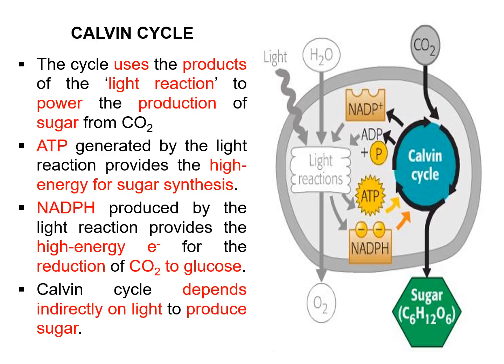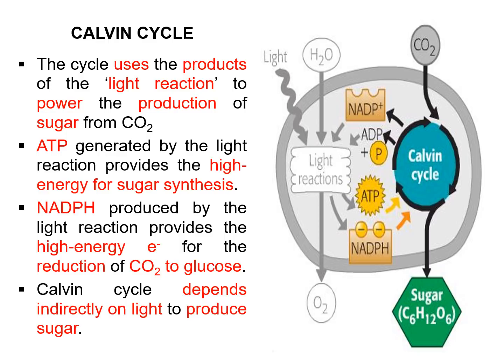Let's recap the Calvin cycle. This cycle uses all the products produced by the light reaction to power the production of sugar by having CO2 into it.